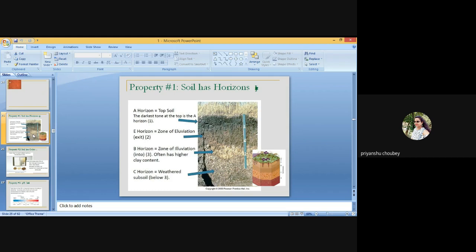So the World Reference Base has taken concepts from many classification systems, including soil taxonomy and the FAO soil map legend of 1988, as a European concept.